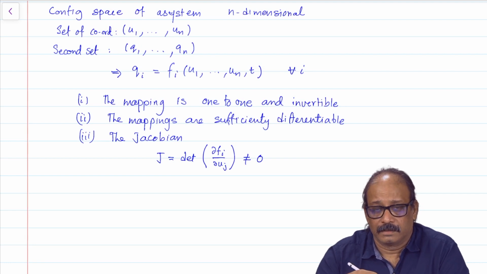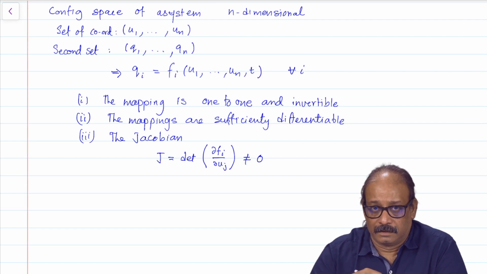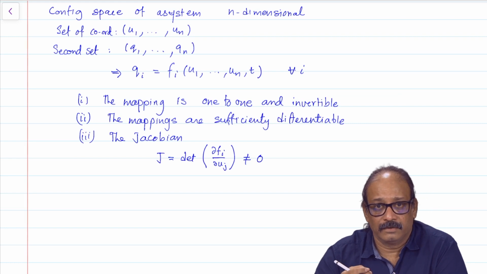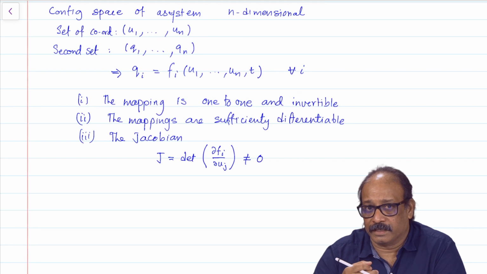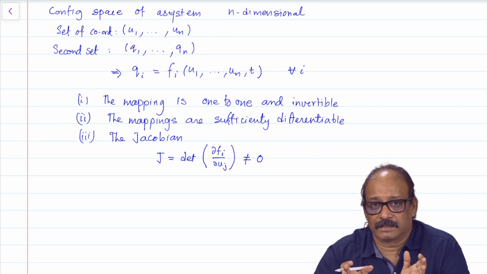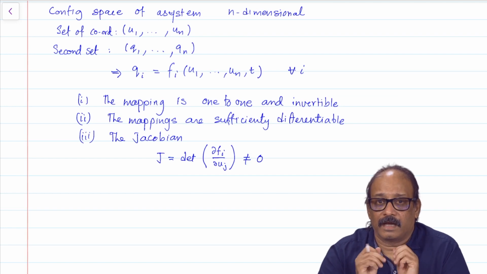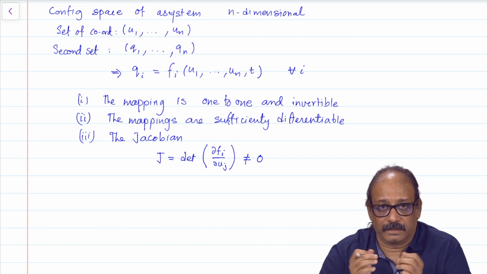Even though this transformation gives you a new set of coordinates which probably are useful in solving problems, it still does not introduce any new ideas yet. You just had an n dimensional configuration space with Cartesian coordinates to begin with, and we made a transformation to a new set of coordinates.